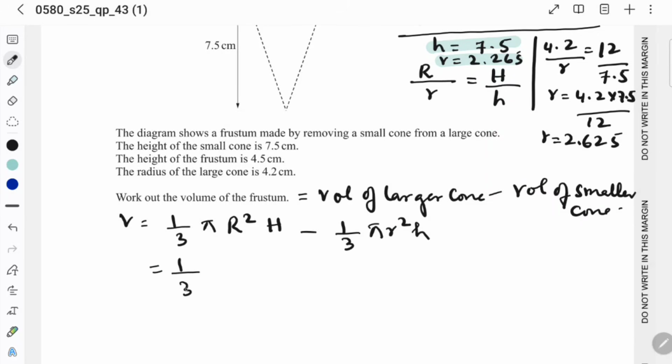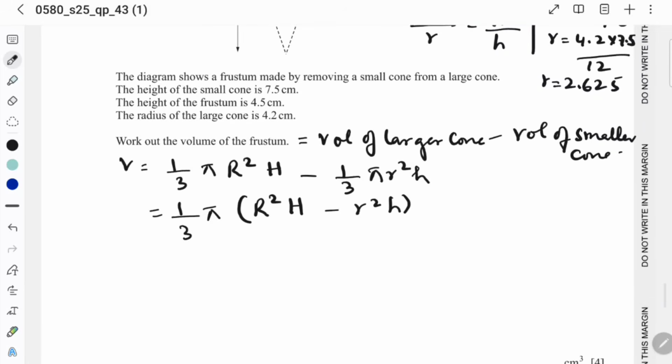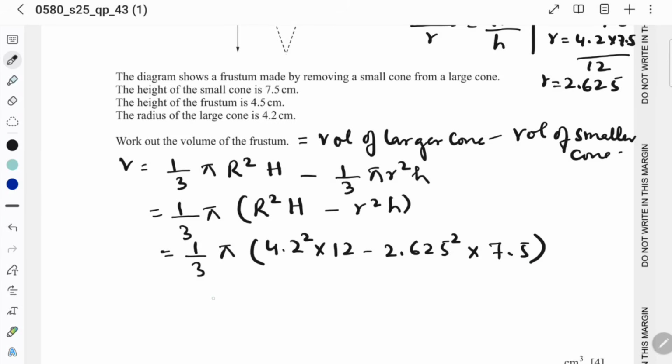So 1 upon 3 pi we can take common, r square h minus r square h. So you just put the values and find your answer. 1 upon 3 pi, that is 4.2 square into 12 minus 2.625 square into 7.5.